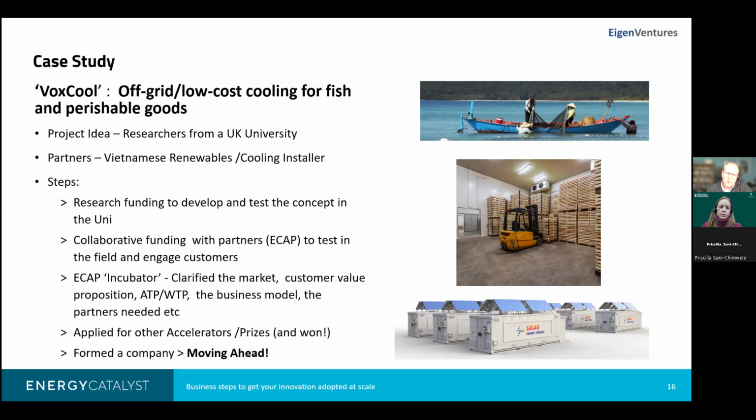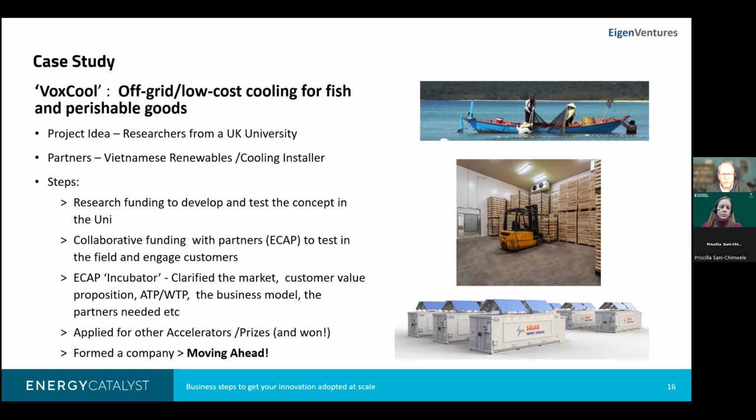In the Energy Catalyst program, we put them through an incubator, a series of workshops, through which they've been able to clarify the market a little more and think about the customer value proposition. What does the customer want? Think about ability to pay, willingness to pay, and how they are actually going to get paid by the customer. What is the overall business model? And critically, again, what are the partners needed?